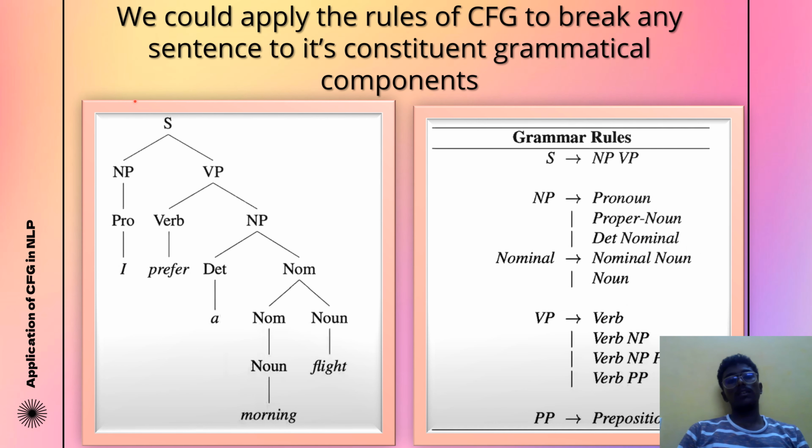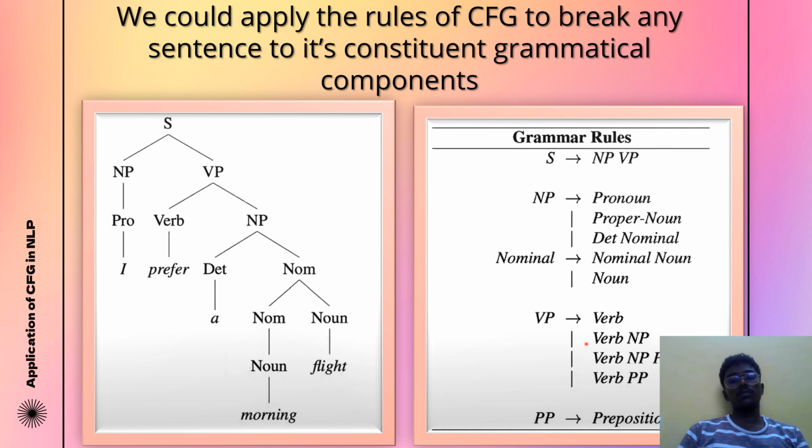Now we'll take the example. We'll take S as NP VP. Since S is the start state, NP VP, and NP we can derive as pronoun. Pronoun can be derived as I. I'll just take an example for now. And from VP we can take verb and NP, so we'll just substitute over here, prefer.